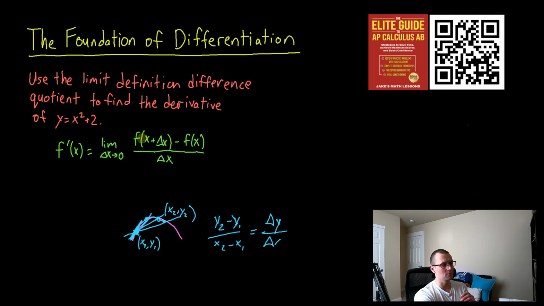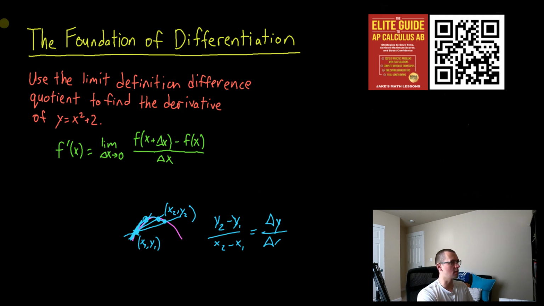But because it's f of x plus delta x and f of x on the numerator, that basically guarantees that the points are moving closer to each other, but also on the path of whatever this function f of x is. So moving along our f of x like this was here in this example. So that's where this difference quotient limit derivative comes from.